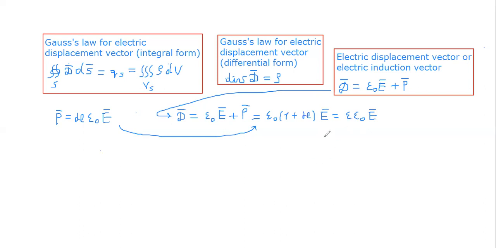Epsilon is relative permittivity, and this is equal to 1 plus electric or dielectric susceptibility.